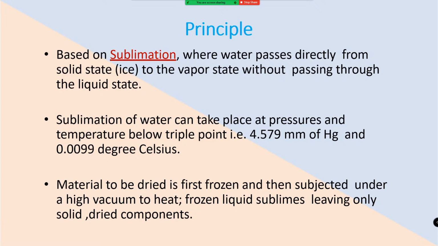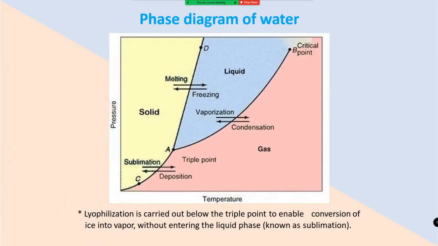Sublimation of water can take place at pressures and temperatures below 4.579 millimeters of mercury and 0.0099 degrees Celsius. The material to be dried is first frozen and then subjected to a high vacuum and heat. The frozen liquid sublimates, leaving only solid dried components. This is the phase diagram of water.